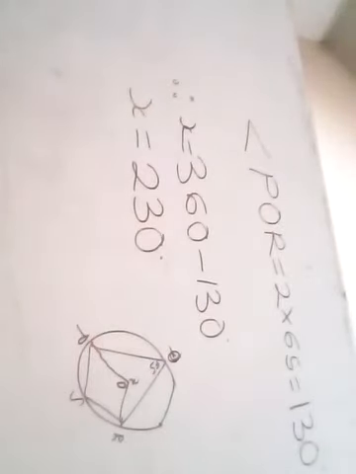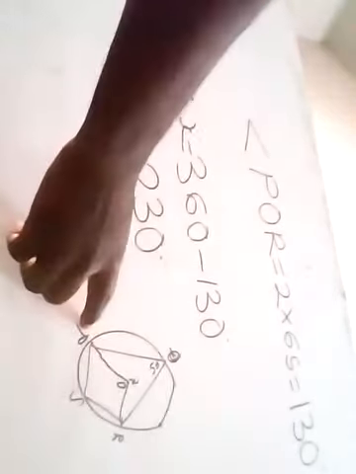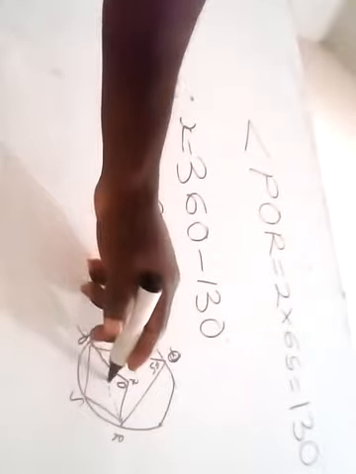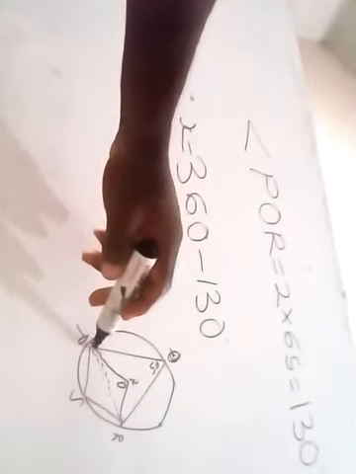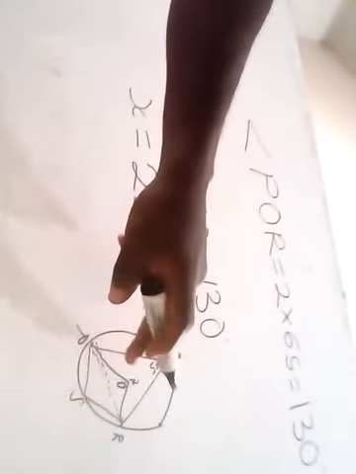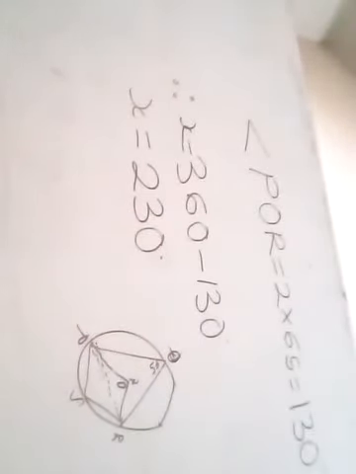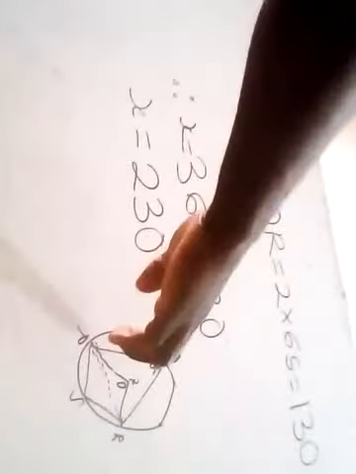Okay, so this is the solution. Angle POR: remember that we said the angle at the center is equal to twice the angle at the circumference. So if you create this, you see that this one is 2 times this. To get angle O, you multiply 2 by the angle PQR.